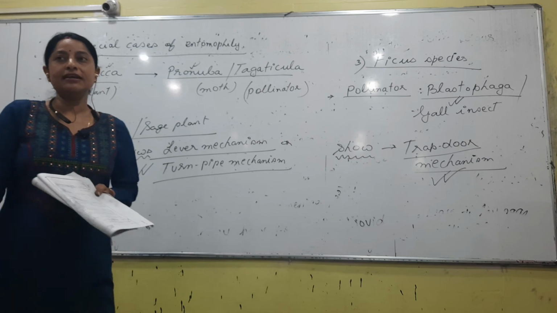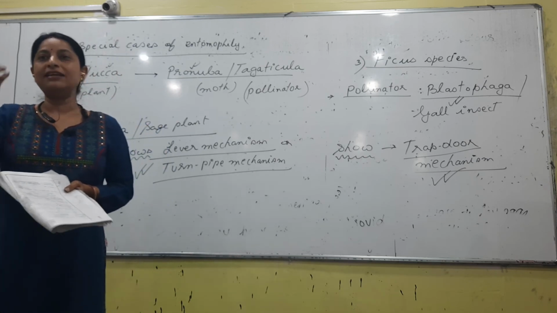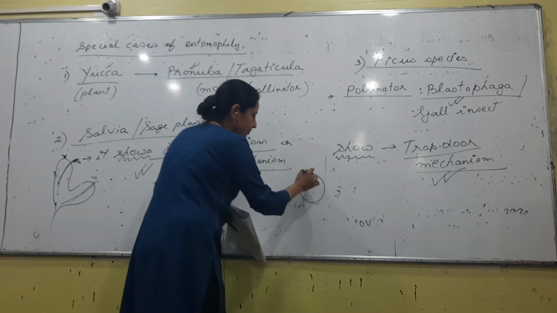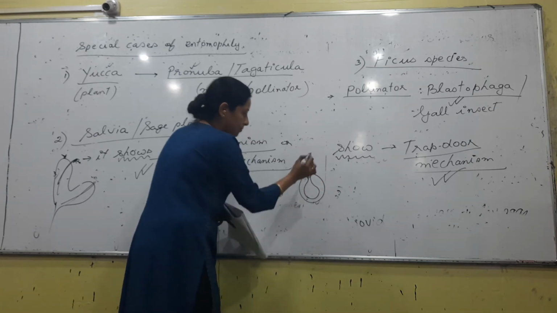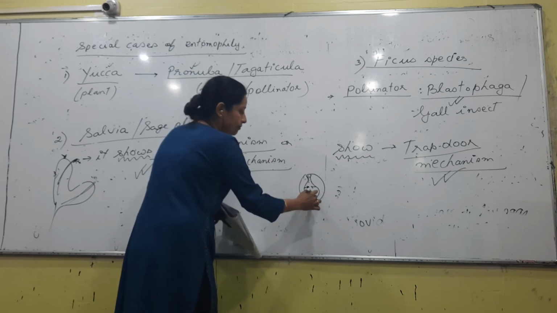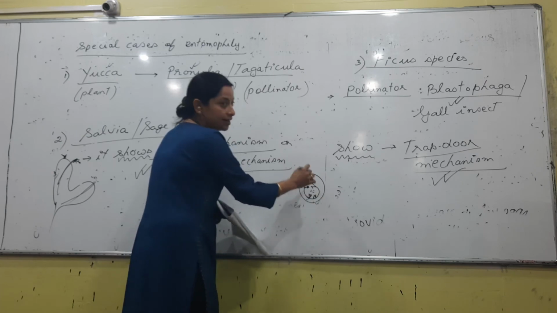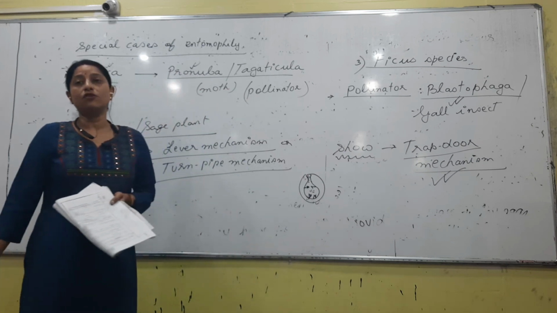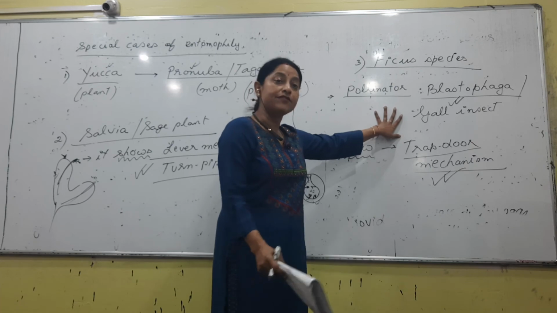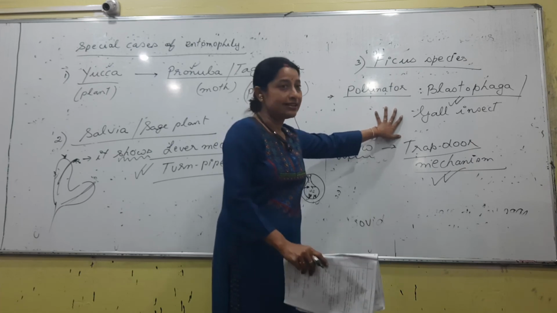Trapdoor mechanism, trap means you trap the insects, right? Remember we have drawn something like this: male flower, female flower, gall flowers, hypanthodium inflorescence, right? So ficus is called hypanthodium, very important. What's the type of inflorescence that you see? It's hypanthodium, you will have to know the word.